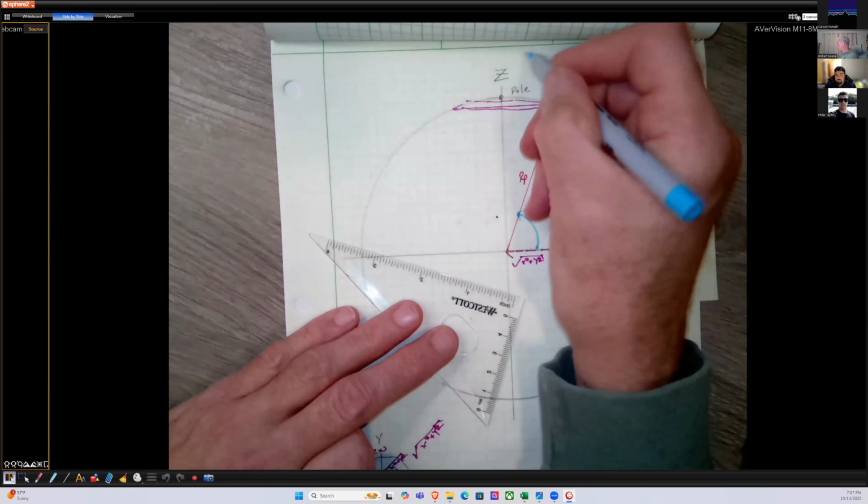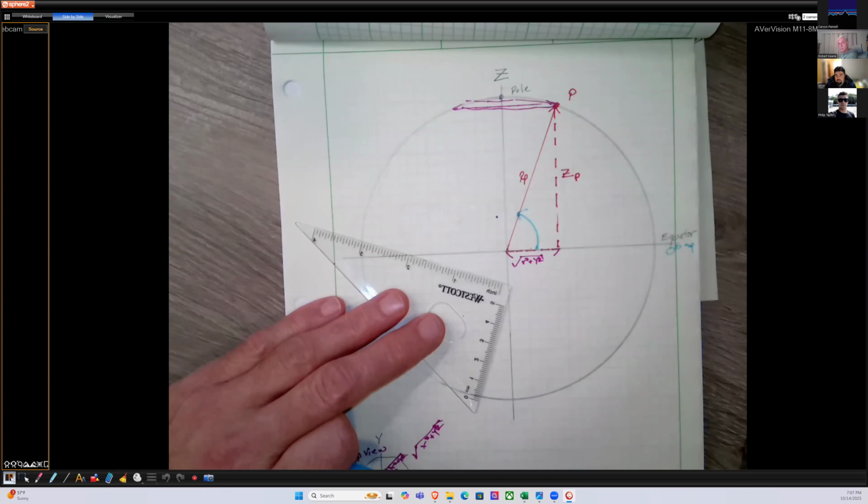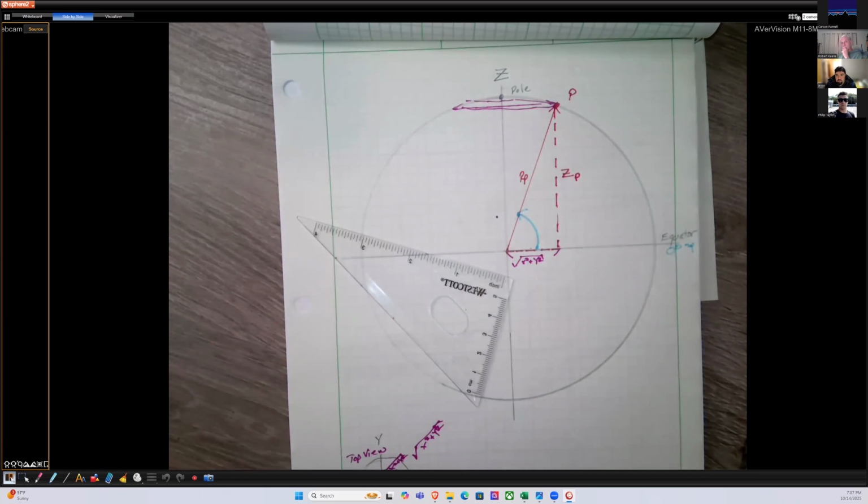What is the pole? What latitude does the pole lie at? Zero. Nope, the equator is 0.